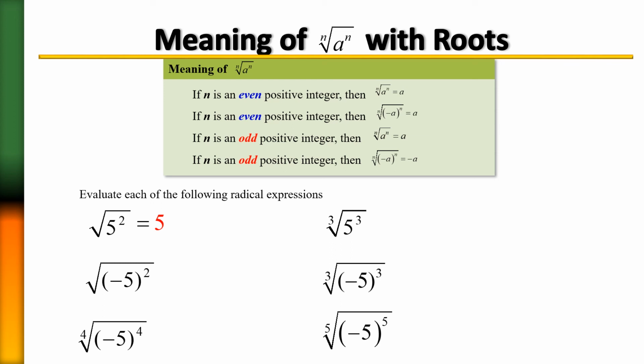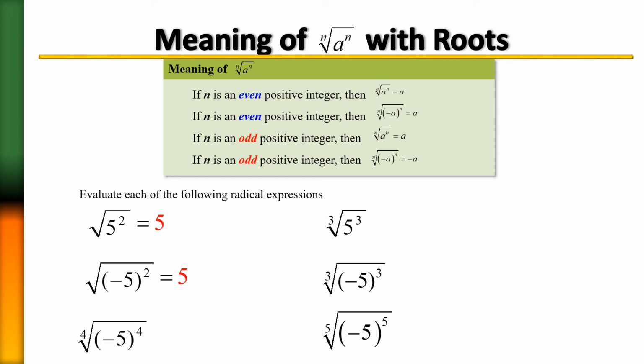But the reasoning for that, if you look at the other way of computing it: what is negative 5 squared? Negative 5 squared means negative 5 times negative 5, which is positive 25. And what is the square root of positive 25? Yes, it's 5.